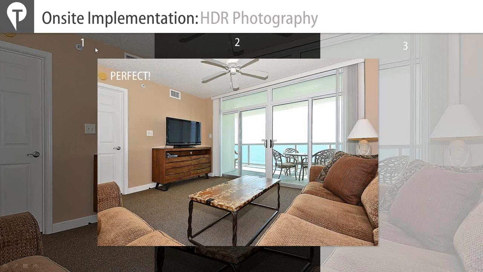The way HDR works is number 1 represents just the standard photo. Number 2 represents that same photo in a darker image, and number 3 represents it in a lighter image. What it does is basically take all 3 of those photos and combine them into one really, really good, perfect photo.